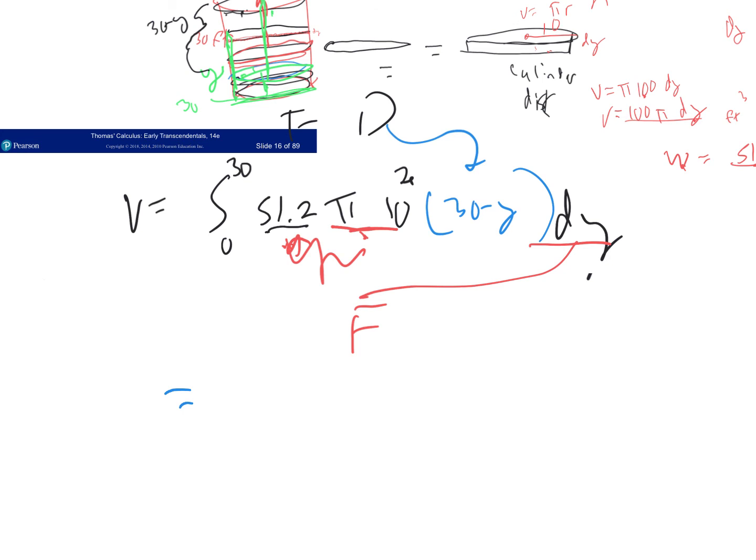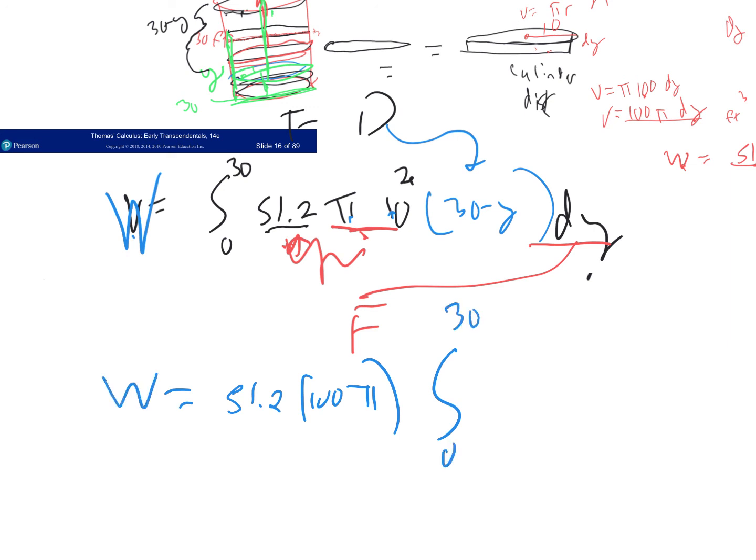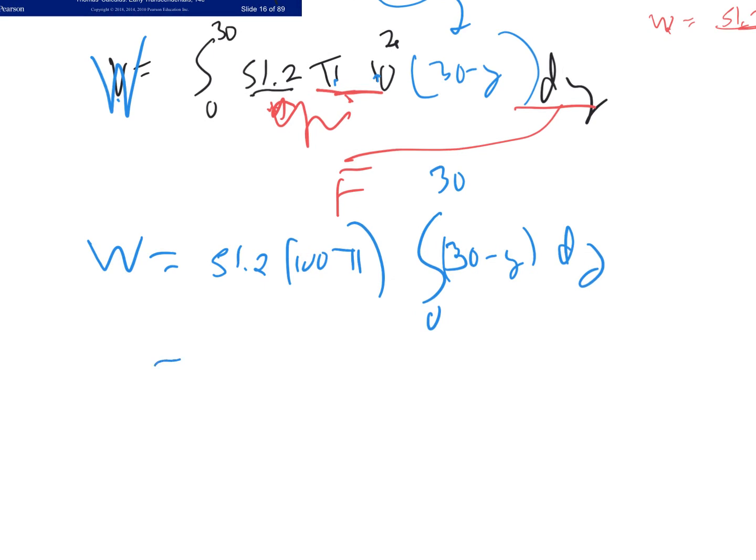The integrations are easy on these things. It's the concepts, the physics. So I pull out my constants. That's 100, that's a pi, that's 51.2. That's 51.2 times 100 pi. What am I saying, volume? It was work. Work was this. 0 to 30. I'm only left with 30 minus y dy. 51.2 times 100 is 5120 pi.